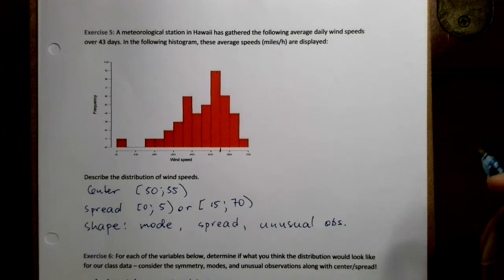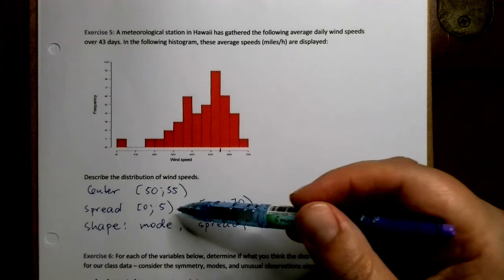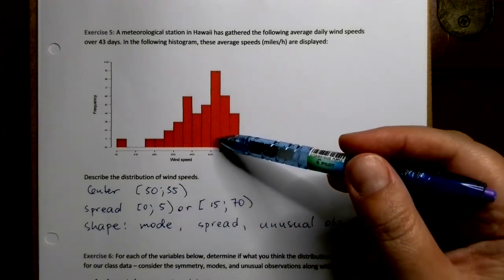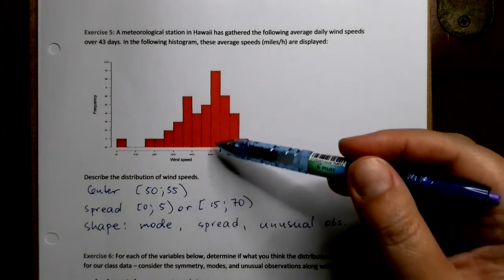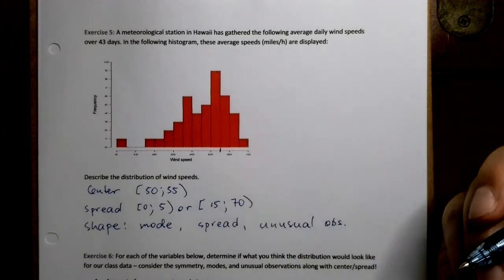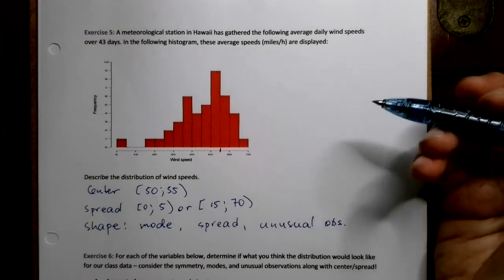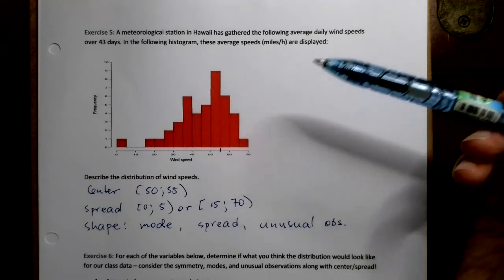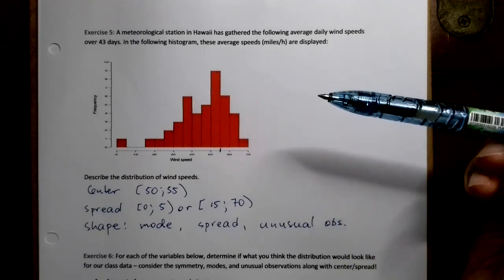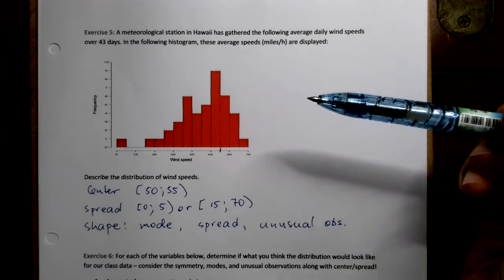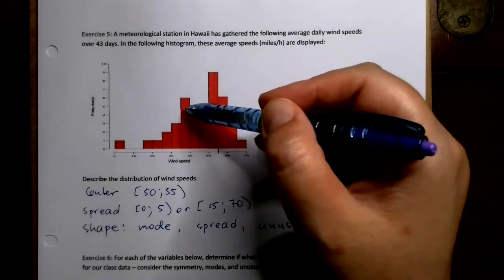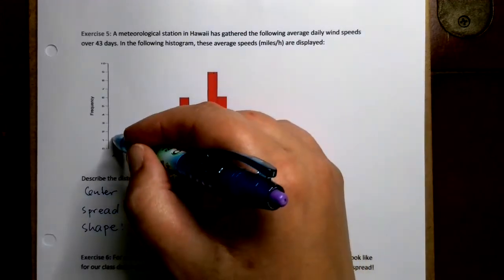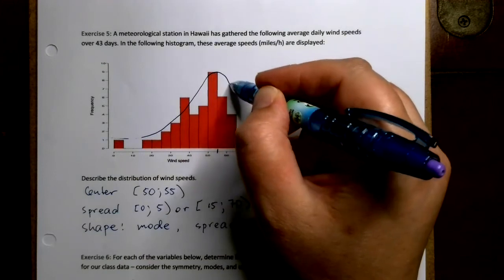Now let's talk about the shape of the distribution. Well, we talked about the center, or mode. Is this a unimodal or bimodal distribution? If you said bimodal, you wouldn't be docked. However, I would say that it's a unimodal distribution, because if we chopped off this piece of this bar and put it here, it would definitely be a unimodal distribution.